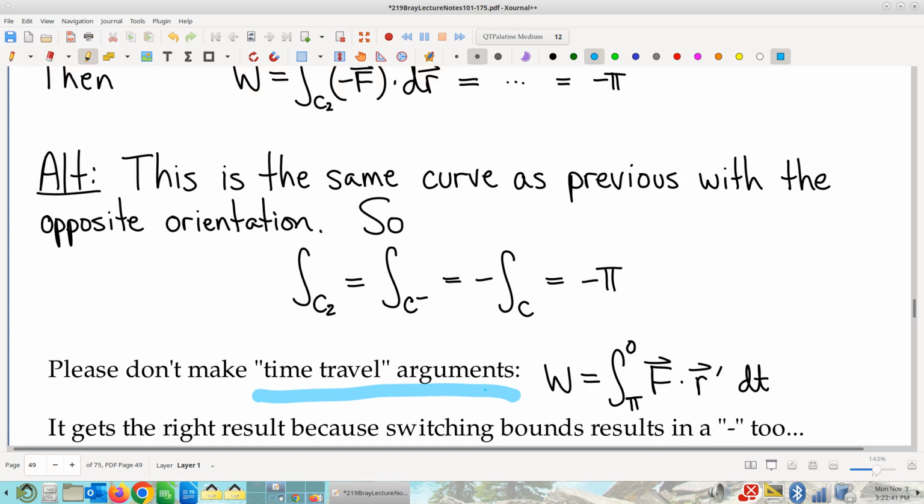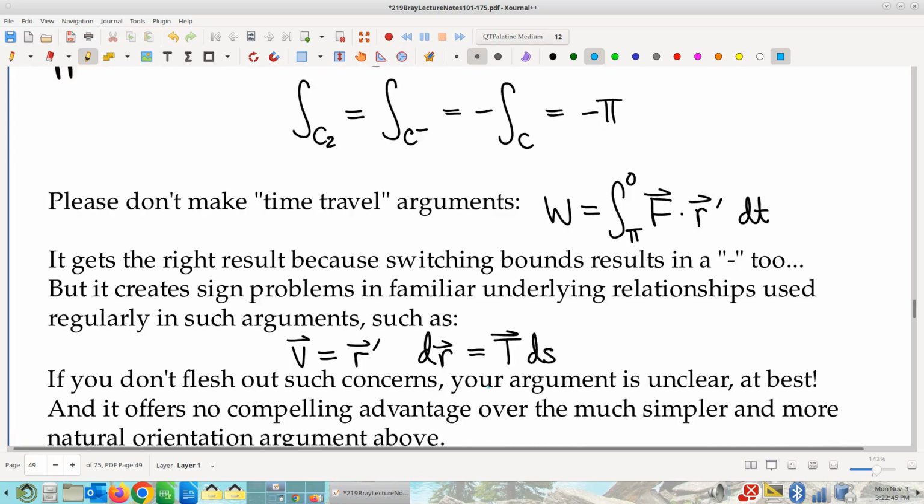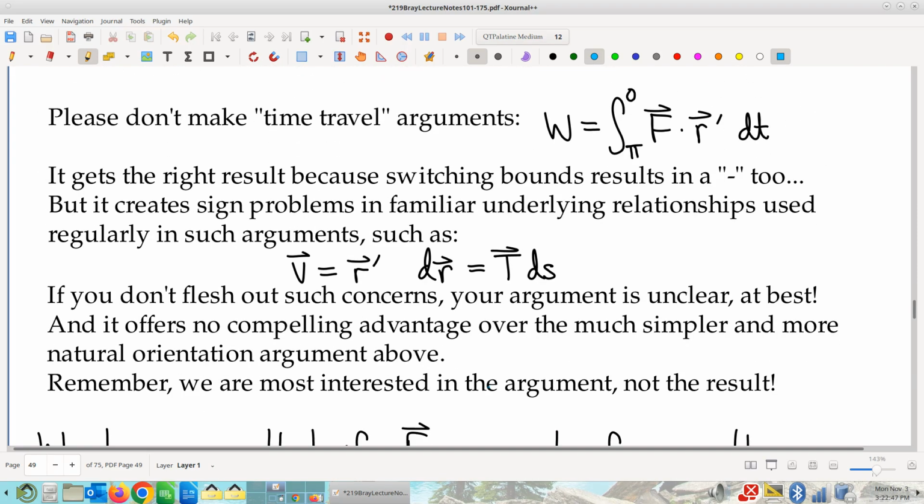It is very, very fishy, and the idea is to say, well, we've parameterized counterclockwise. If you want to go clockwise instead, then it's like you're starting at pi and ending at 0. In other words, just switching the bounds on the integral. Now this is very tempting. Kind of seems like it sort of makes sense.